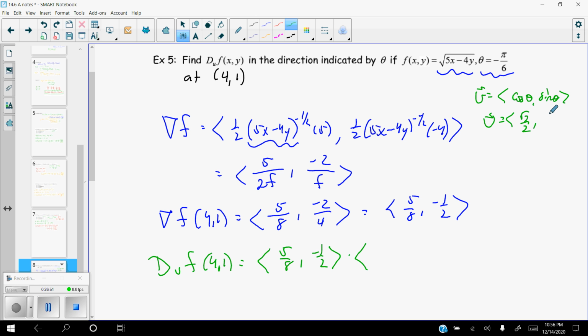Sine of -pi/6 is going to be -1/2. So I'm going to dot that with (root 3 over 2, -1/2). And finishing this thing off, we are going to get 5 root 3 over 16 plus 1/4. And you can simplify it if you want to get a common denominator, but that's it.